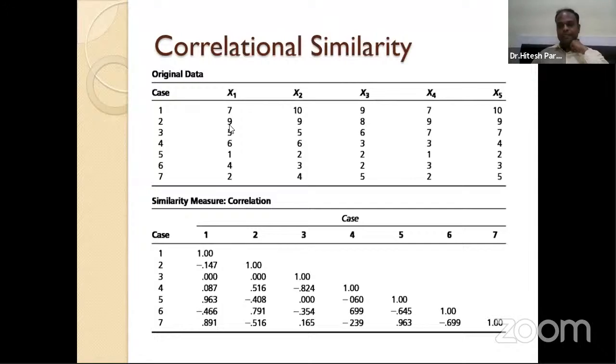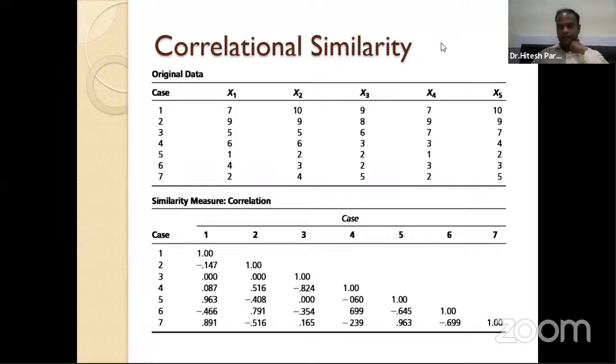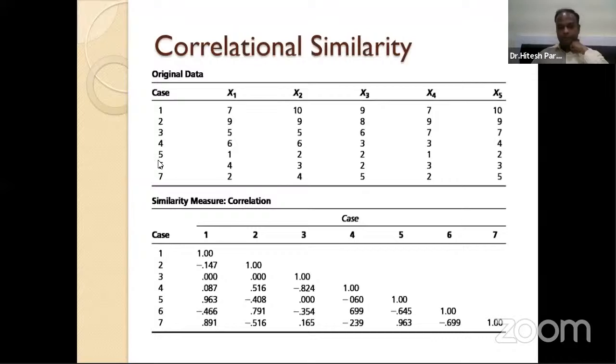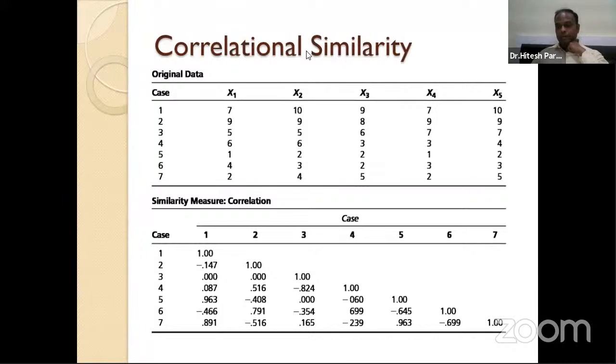By observing these respondents, the first and second cases are near to each other. The third and fourth are also near. And 5, 6, 7 again are near to each other. So this is the pattern.